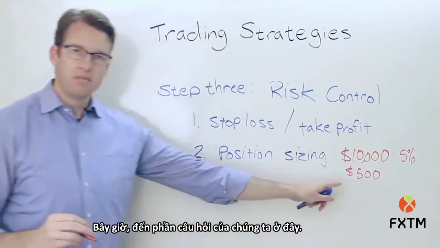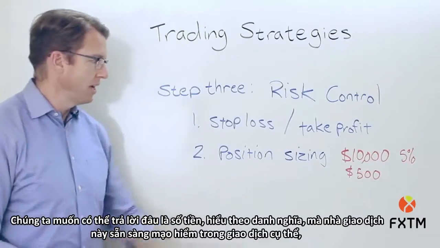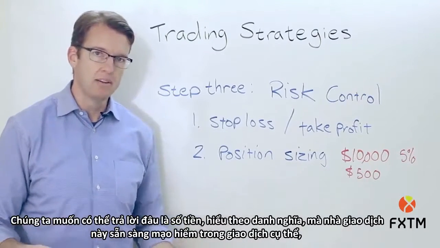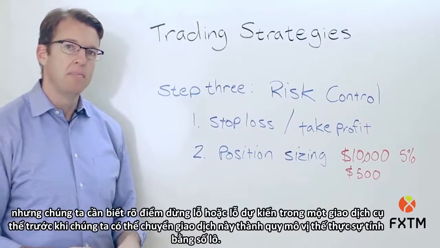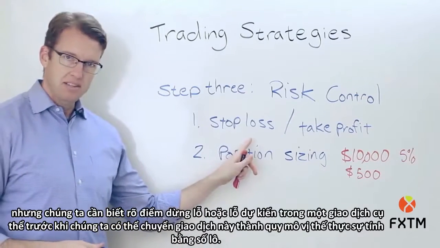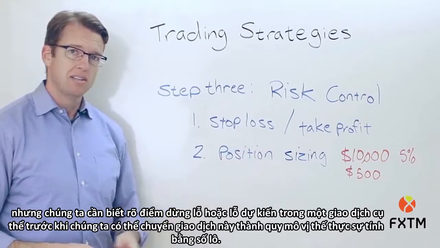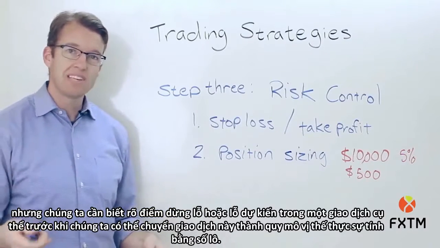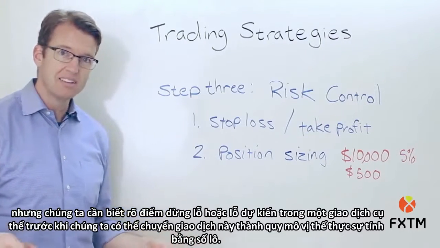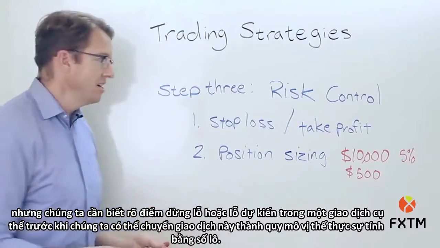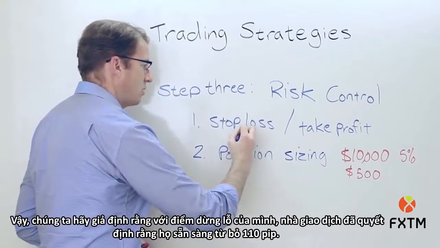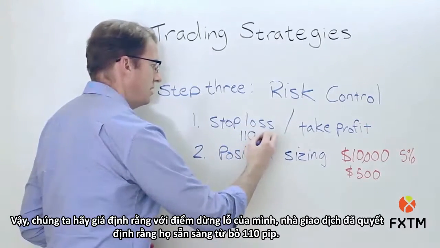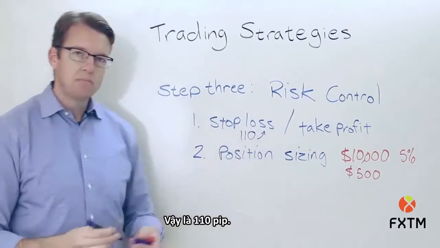Now, that's part of our question here. We want to be able to answer what is the amount of money in notional terms that this trader is willing to put at risk in a particular trade. But we need to know what the stop loss is, or what the expected loss is in a particular trade, before we can translate this into an actual position size in terms of how many lots. So let's say that a trader here has decided that they're willing to give up 110 pips. So 110 pips.